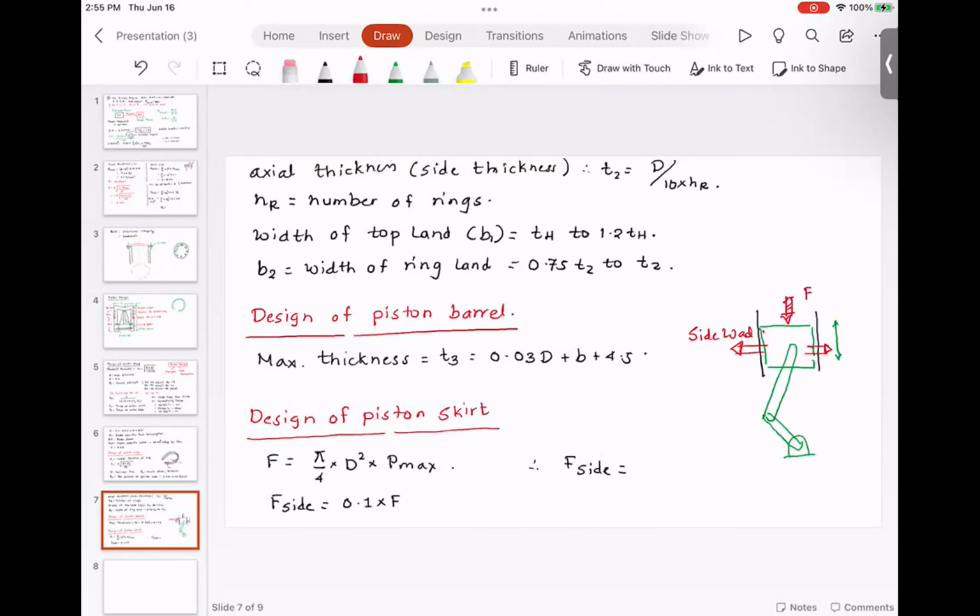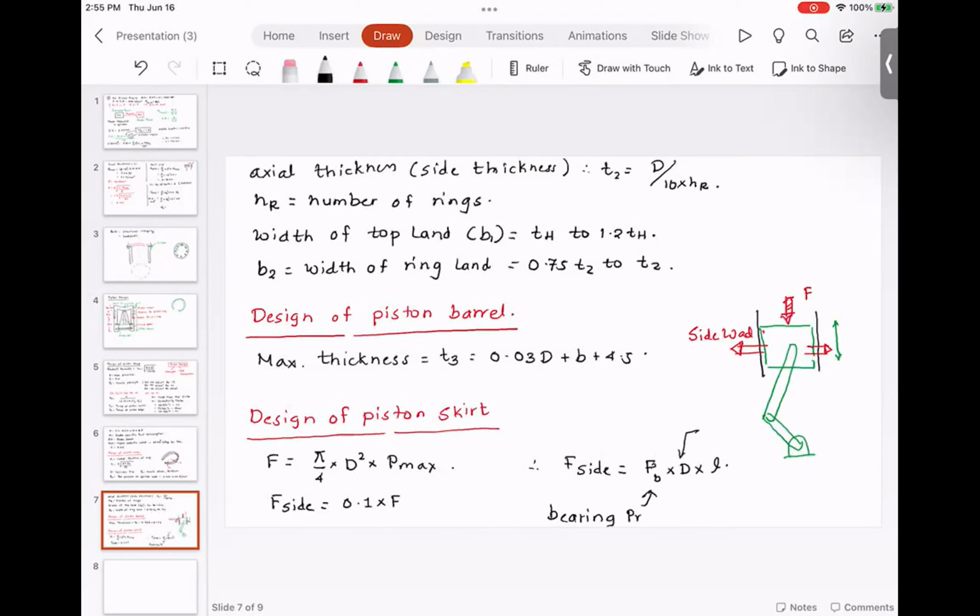If F is the total load, 0.1 times F is the side load, and that is PB, the bearing pressure, times D times L. So bearing pressure is a design parameter.